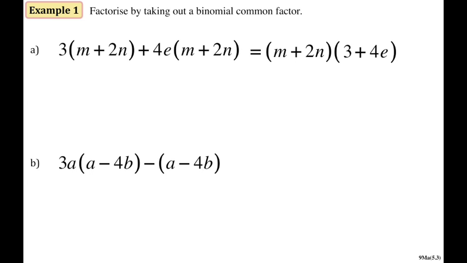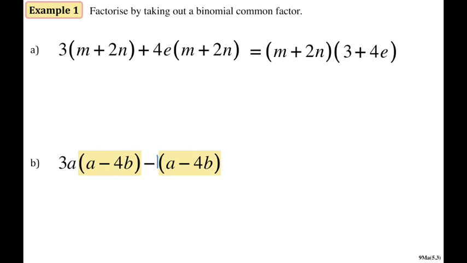Let's try this again with our second example. Now what we're looking for is, is there a common bracket? Well, I've got 2a take 4b in brackets here, and an a take 4b in this second bracket here. You need to remember that this bracket really has a 1 in front of it. Yes, there are 2 terms and they're separated by this minus sign here.